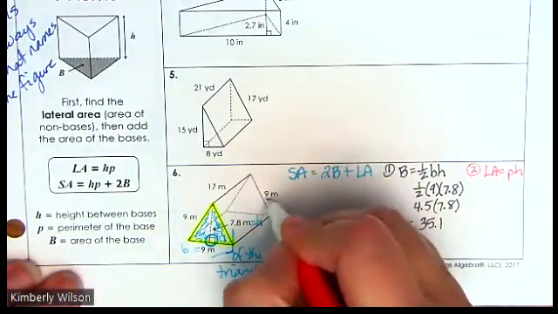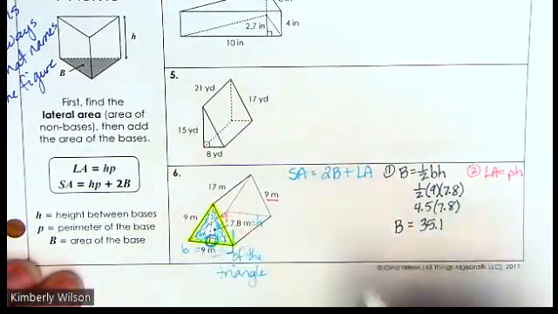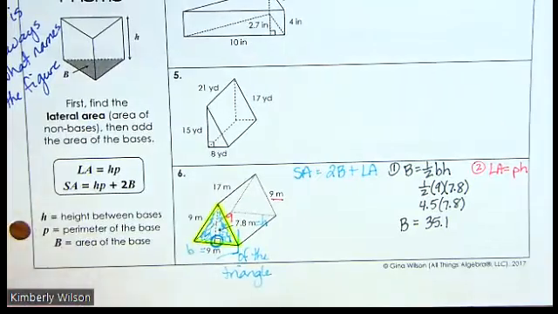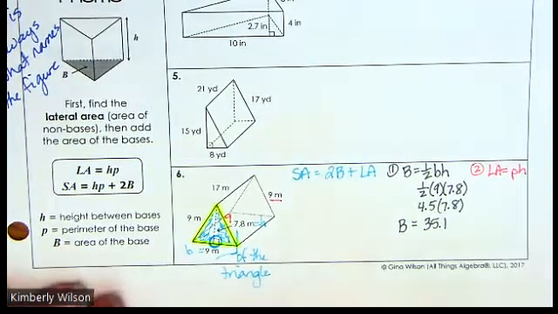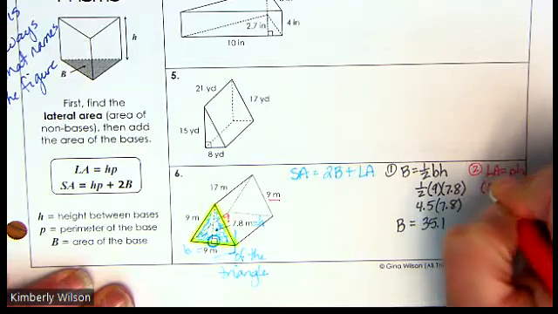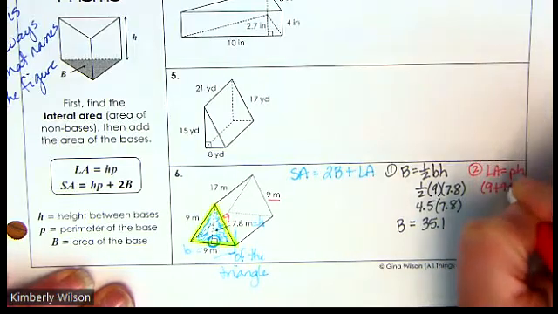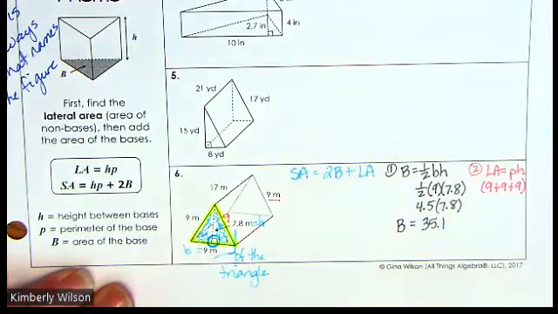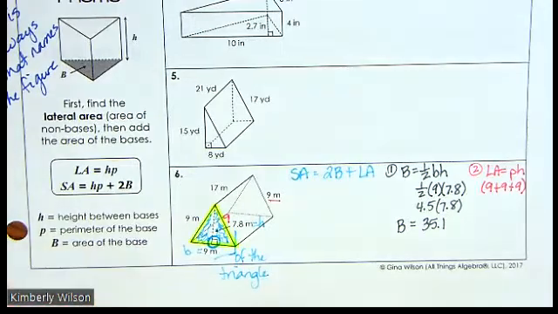Well, if this is 9 over here, that means this is going to be 9 right here. So therefore, all the sides of the triangle are 9. So I have 9 plus 9 plus 9 times, what's the height of the prism? Remember, this H represents the height of the prism.